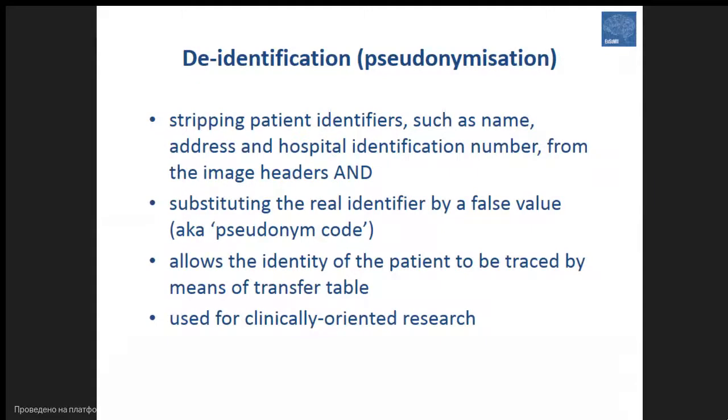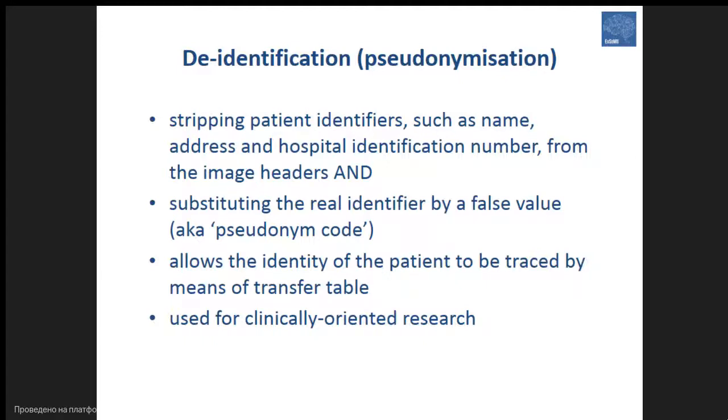Another principle is called de-identification or pseudonymization, when patient identifiers are substituted by certain numbers. This allows hiding the patient's identity, but still continuing to use the data in the information systems.